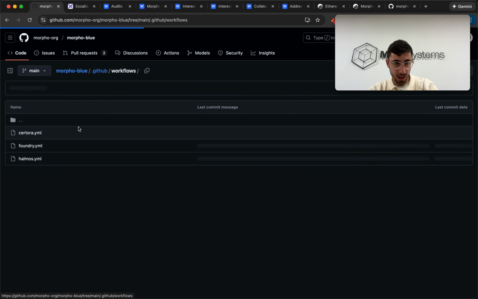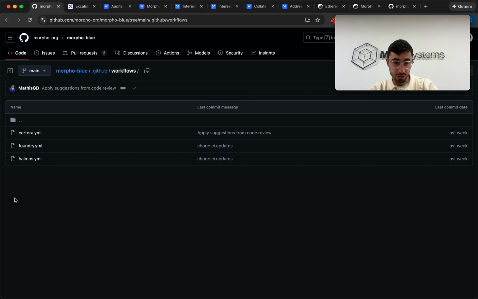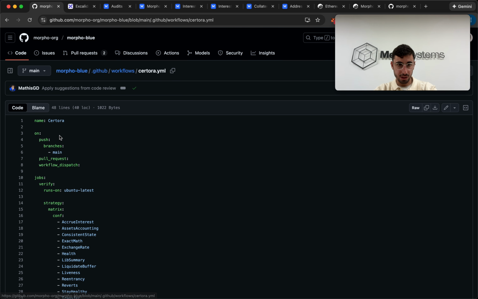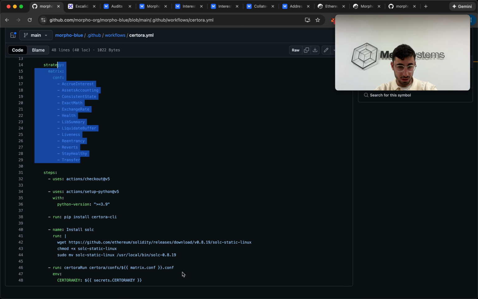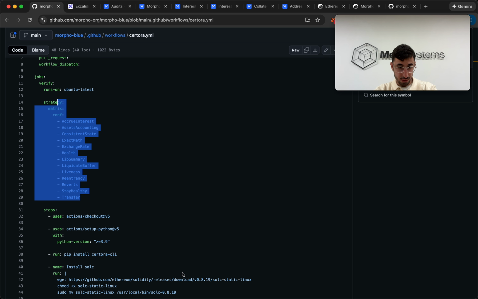What's also cool is they have Certora, the Foundry, and Halmos CI scripts in here. So on every pull request into main, they run a bunch of Certora things.